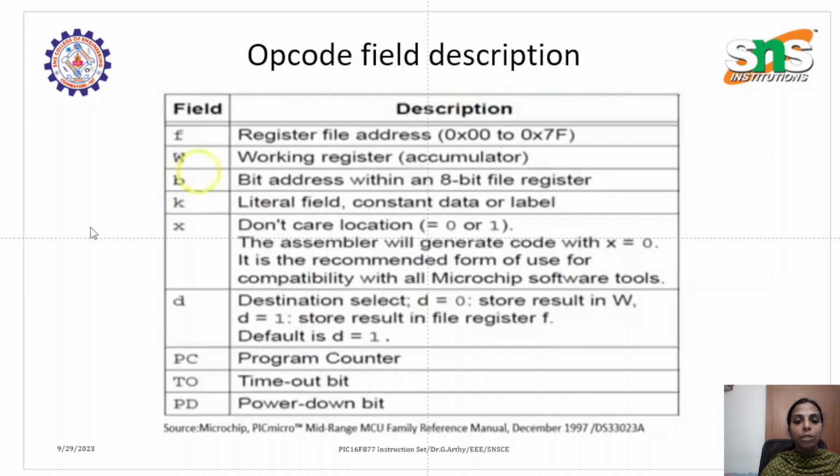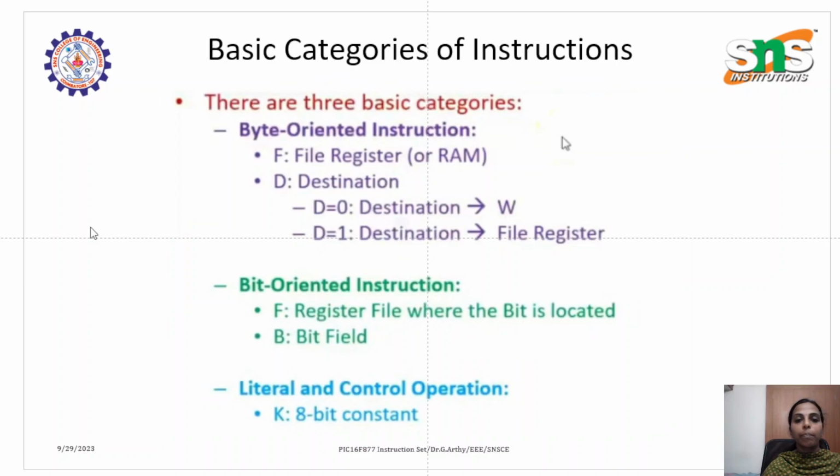That is, immediate data can also be given. Everything is mentioned here, and D is where the destination is, where the result has to be stored once after execution, whether in the W register or in the file register. That is also mentioned here. So the 14-bit opcode includes all this data inside.